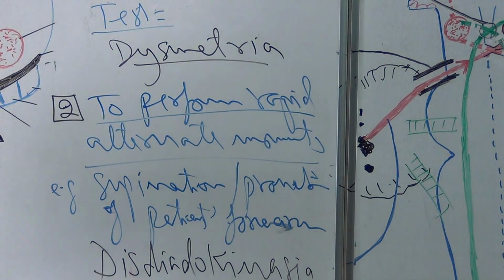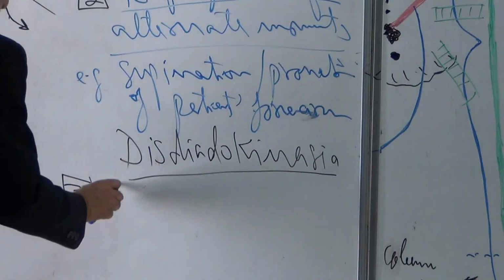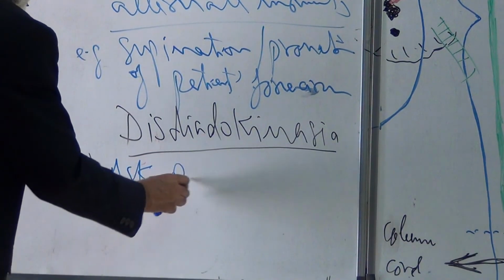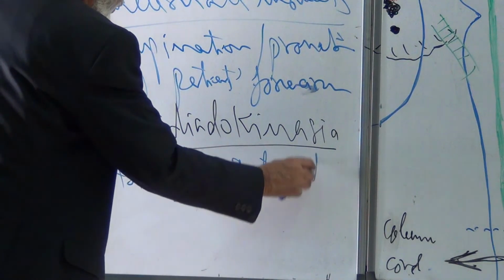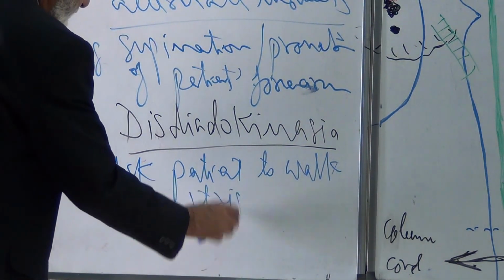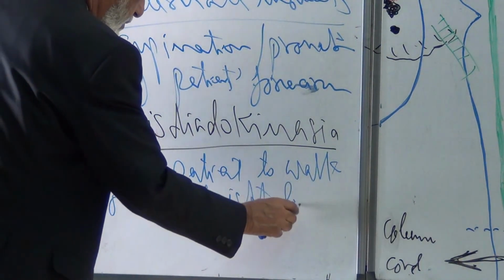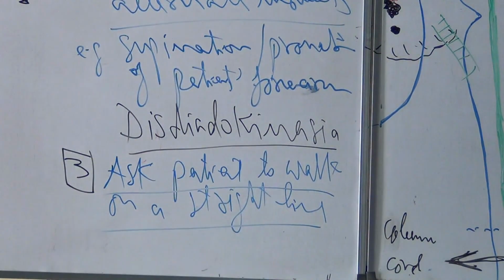Number three, what is this test? You will ask the patient to walk on a straight line. You will draw a straight line on the floor and you will ask the patient to walk on the straight line, placing the feet on the line.